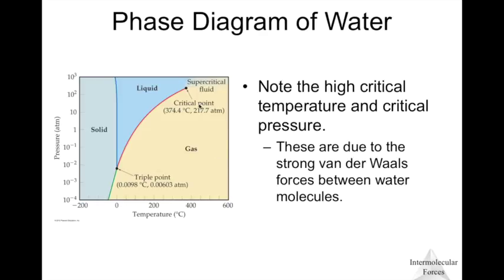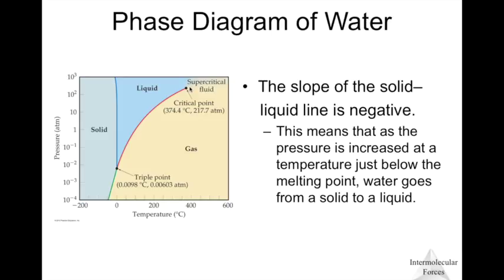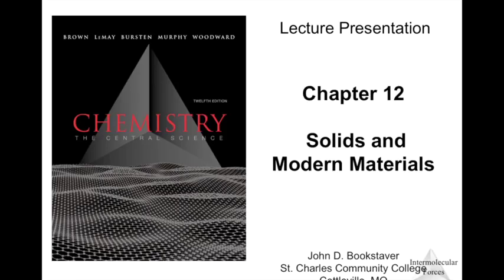So you do have pretty strong van der Waals forces because you've got the hydrogen bonding in water. So it actually is quite a high temperature before you start to go to that critical point. And then as you increase the pressure at a certain temperature just below the melting point, the water goes right from a solid to a liquid. And that's it for that chapter.